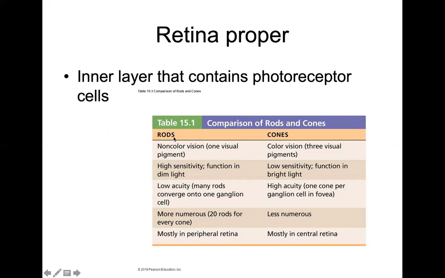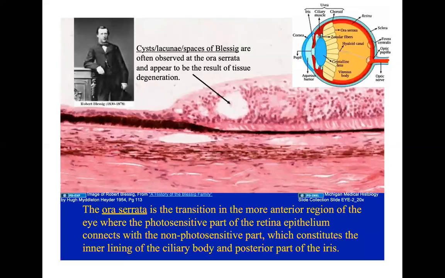Remember, the one that's responsible for color is your cones, and the rods usually function for low light levels or dim light. Okay, so these rods are usually more numerous than cones, but it is the cones that usually function during daytime, and this one is responsible for color vision. So these are the comparison of your rods and cones.